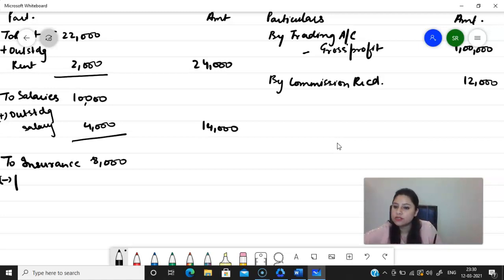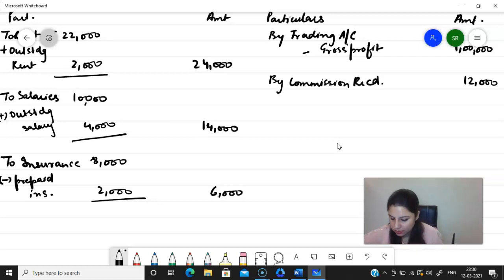So we would be reducing such prepaid insurance of 2000 from the insurance amount, so the insurance expense to be recorded in the P&L will be 6000.